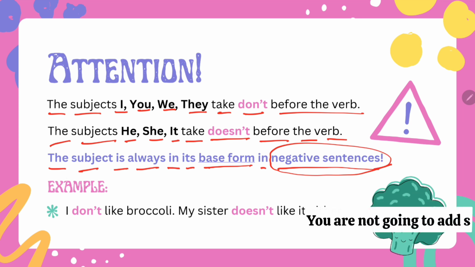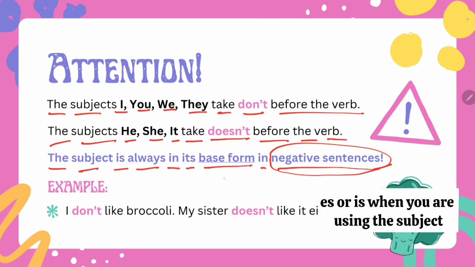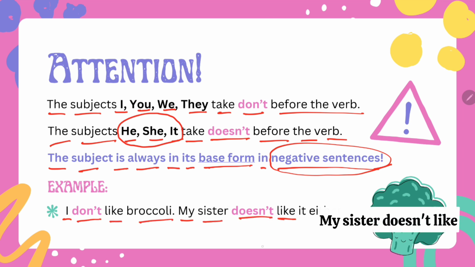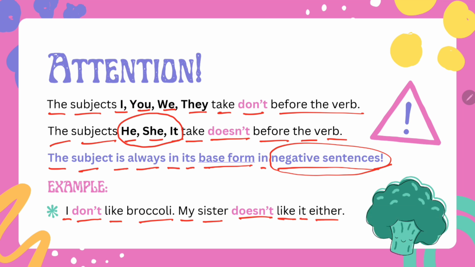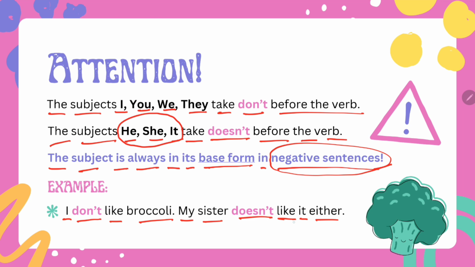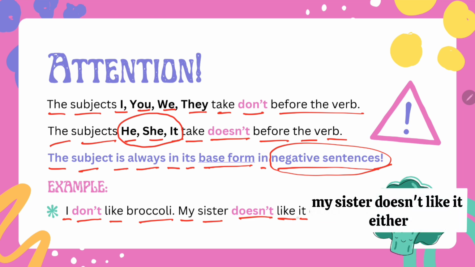You are not going to add s, es or ies when you are using the subject he, she or it. She doesn't eat. He doesn't eat. Now example, I don't like broccoli. My sister doesn't like it either. Don't say my sister doesn't likes. No. My sister doesn't like it either.